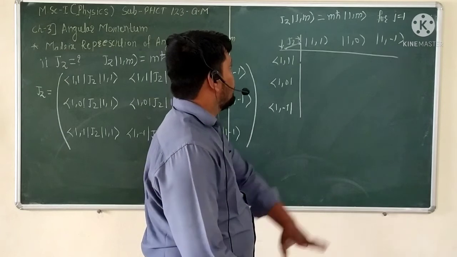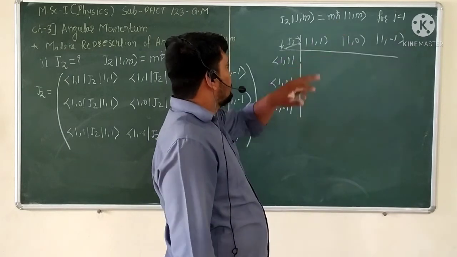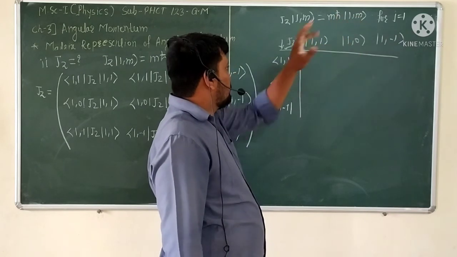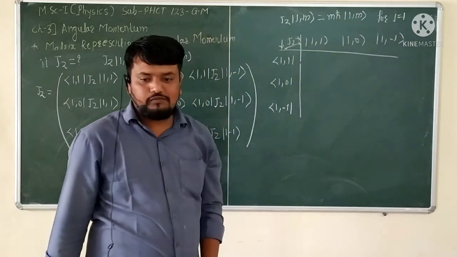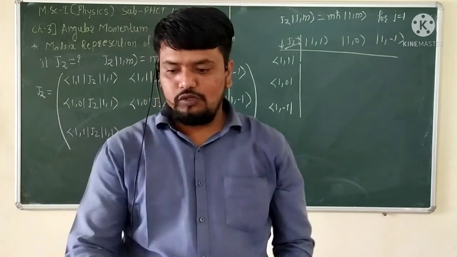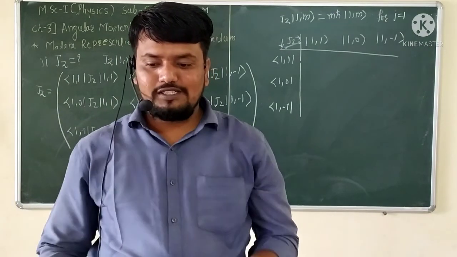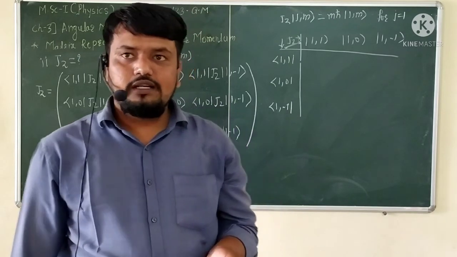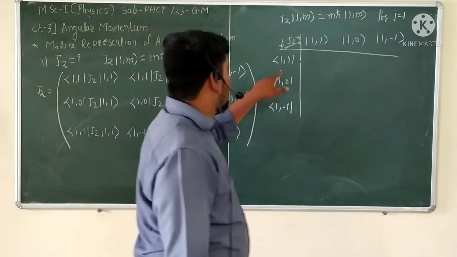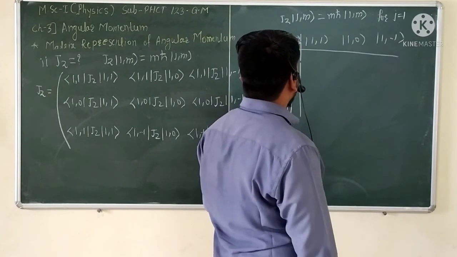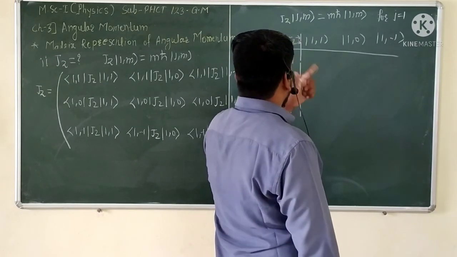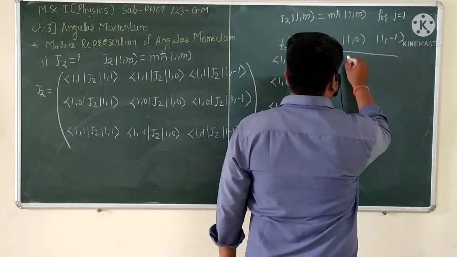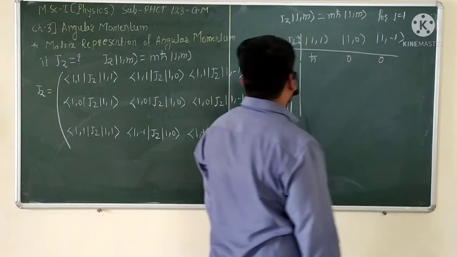So here ħ is there. You know that the bra and ket values are the same, so the main condition is that your m value is satisfied. If we see <1,1| and |1,1>, this value is ħ, and the other values are 0, 0.